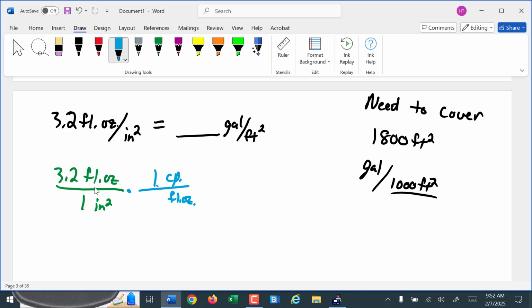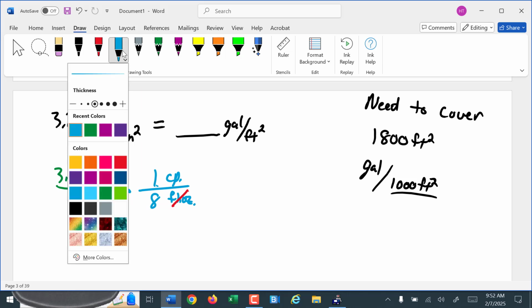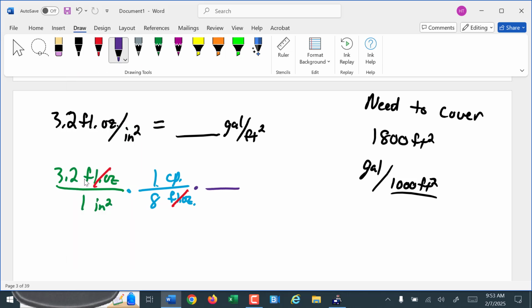We can go to cups. 1 cup is 8 fluid ounces. So the fluid ounces have canceled out. Oh, we don't want to stop at cups. So cups are on top. I'll put cups on bottom. What's our next biggest unit from a cup? Pint. 1 pint is 2 cups. Cups are gone.